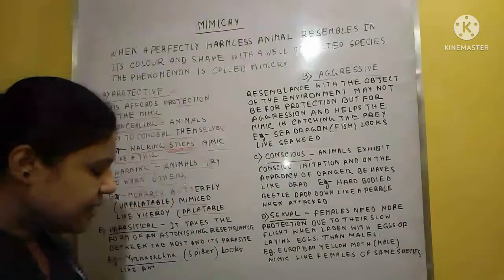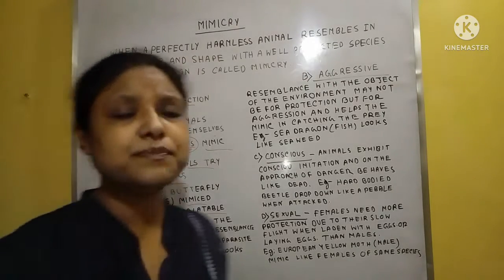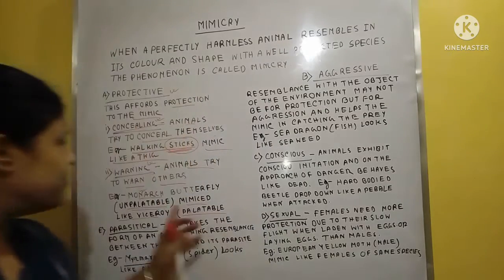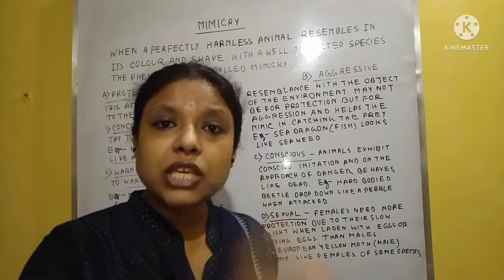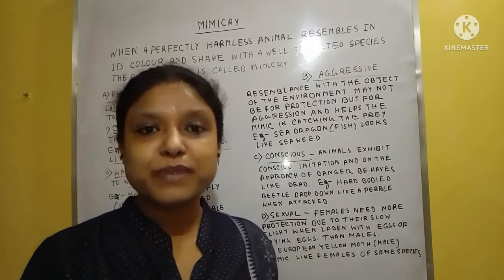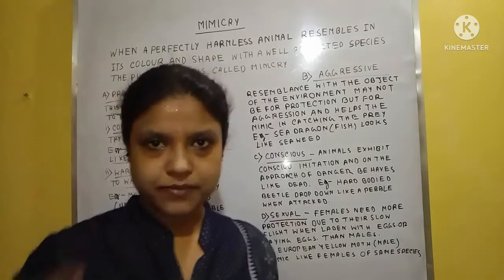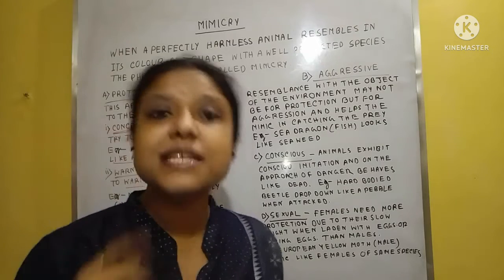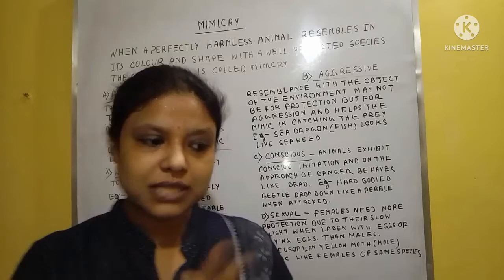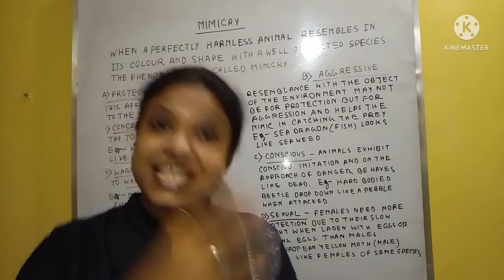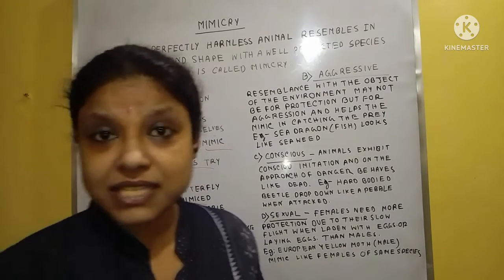Clear? So as it is warning mimicry, that means these butterflies actually warn the birds that you shouldn't take this type of species because it is unpalatable when you taste it.